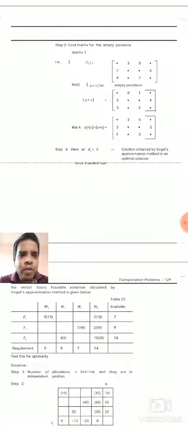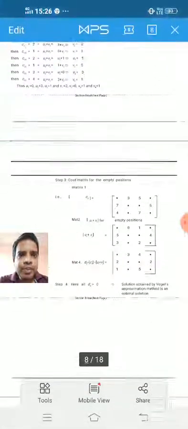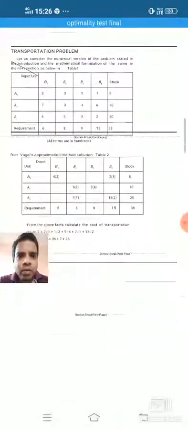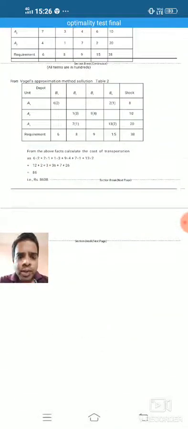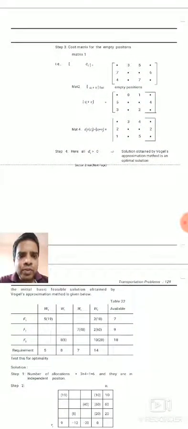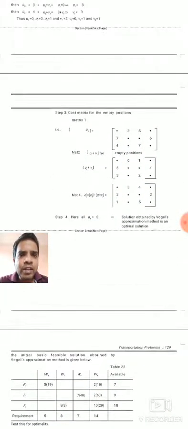Hence the transportation cost we found by using the Vogel's approximation method is 8600. Here all dij values are greater than 0, so 8600 is the optimum transportation cost.